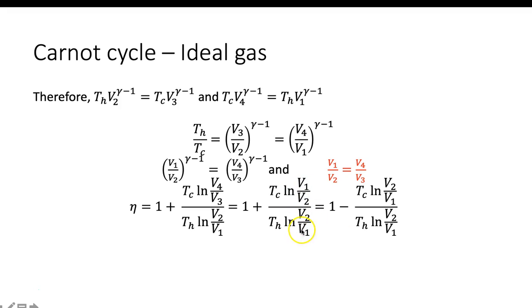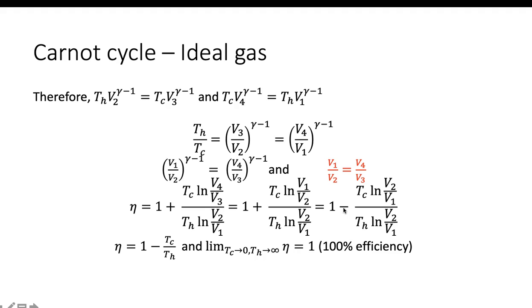Okay, because remember, these don't cancel. But now this cancels. We brought the negative sign out here. And we're left with the efficiency of this engine is 1 minus the temperature of the cold over the temperature of the hot.